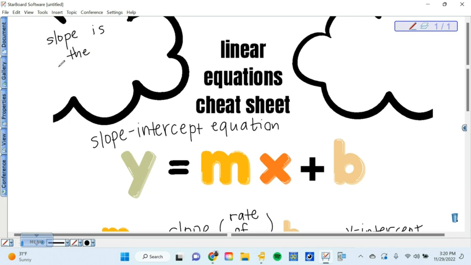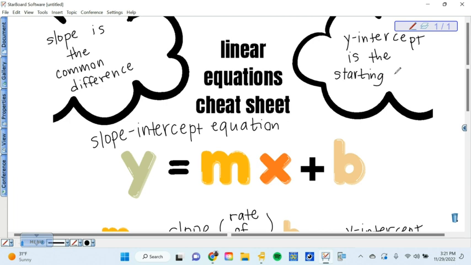Yes, slope is the common difference. And what is the y-intercept in an arithmetic sequence? Yeah, it's a starting value. Good.